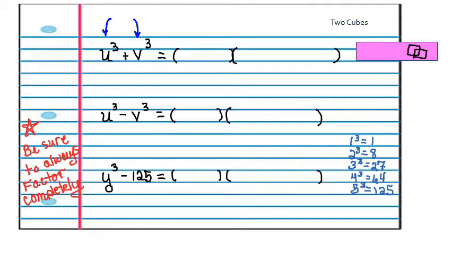So the first thing we're going to do is find the cube root of both of the terms here. So the cube root would be a u and the cube root would be a v. And then what we're going to do is take this guy over here, and he's going to end up being squared.